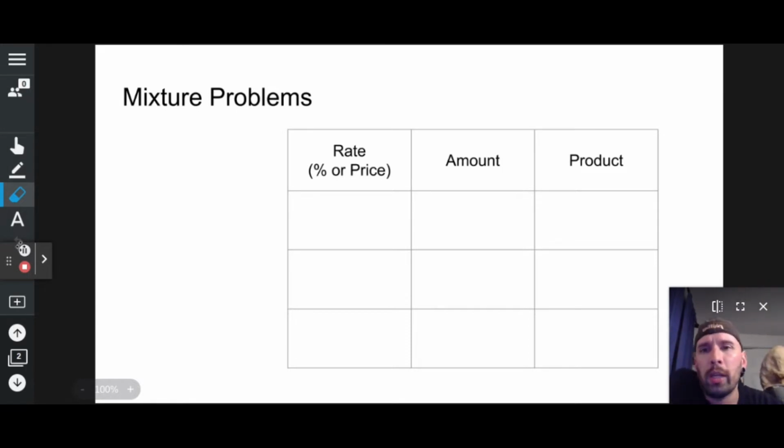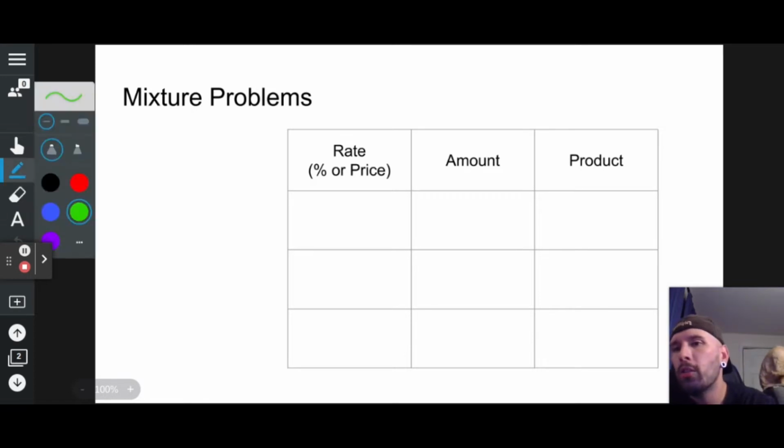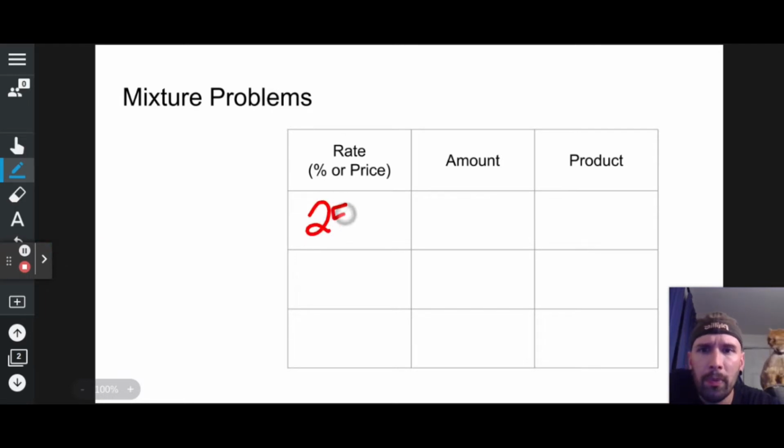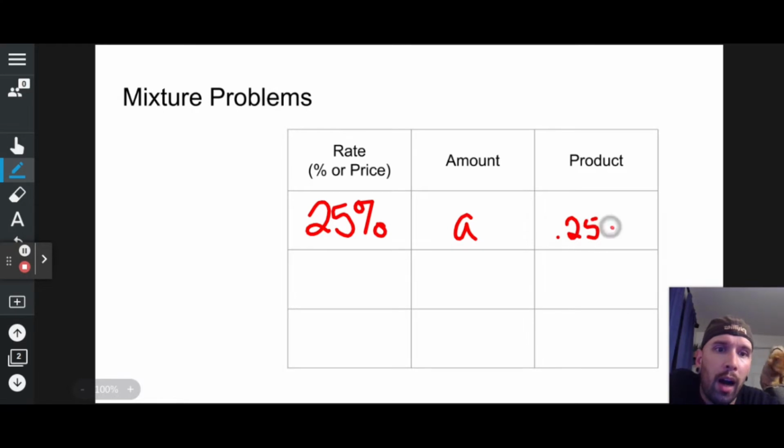We have rate in one column, the amount in the other column, and what I call the product, which means you multiply them together. If the rate is 25% of a certain stuff, we'll say A, the product is 25% of A. We always turn our rate into a decimal, so 25% is 0.25A.